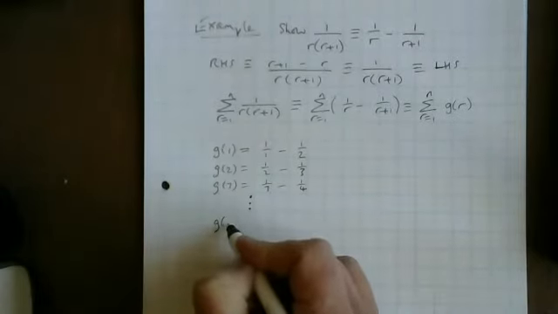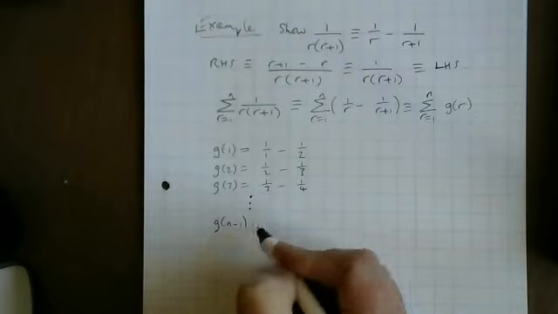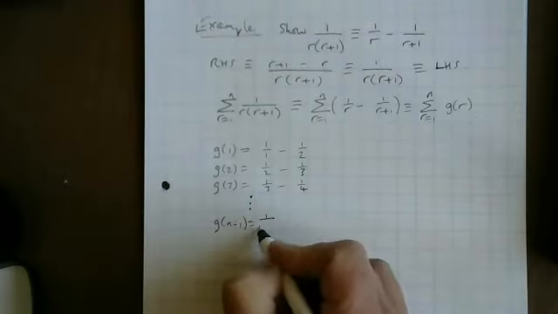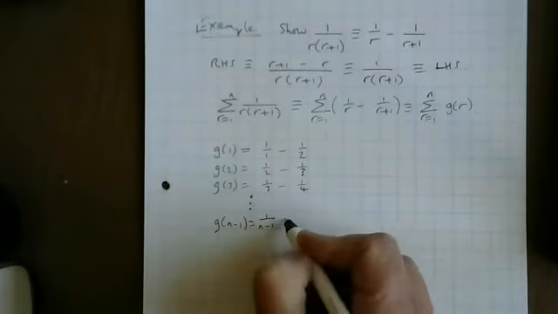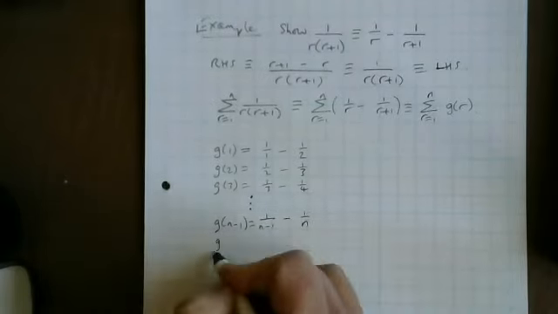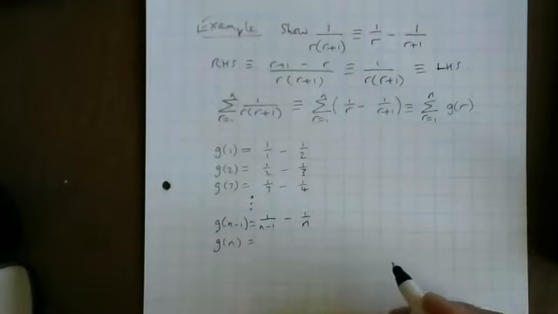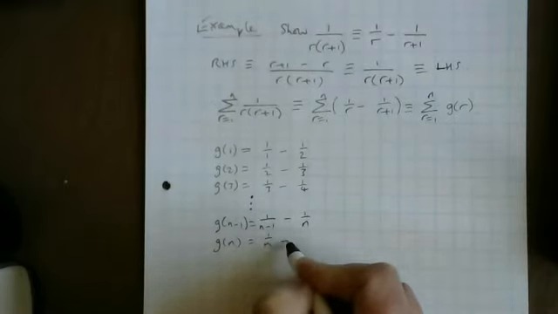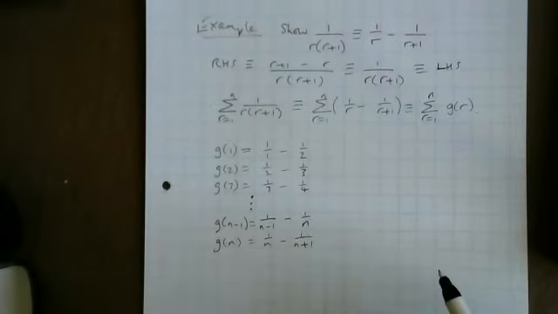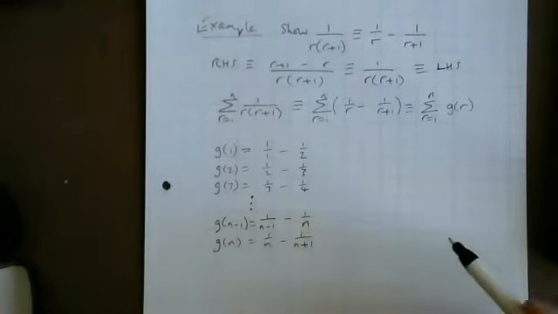We'll go straight to the one before last. G of n minus 1 is 1 over n minus 1 minus 1 over n. And g of n is 1 over n minus 1 over n plus 1. What do we get from this then?